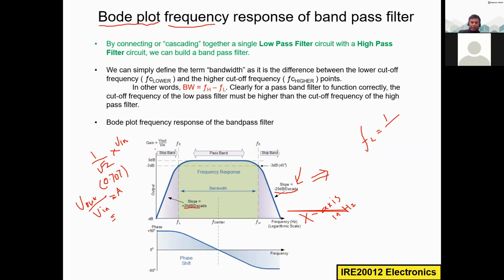This is indicating the amplitude of the output in terms of dB, and this is the first part of the graph. This is only talking about amplitude versus frequency. But the second part of the plot is talking about phase with respect to frequency, or phase versus frequency.